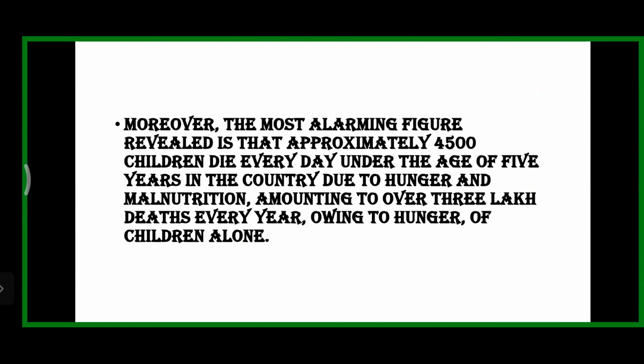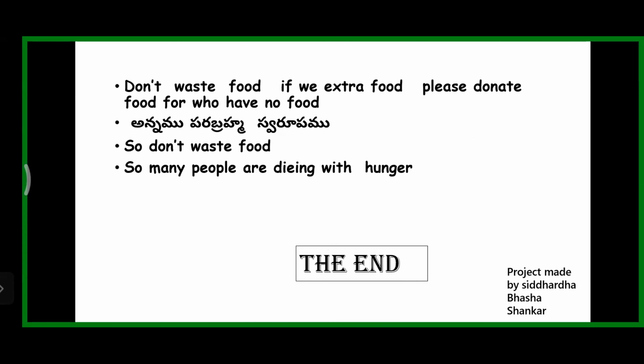Moreover, the alarming figure is that approximately 4,500 children under the age of 5 die every day in the country due to hunger and malnutrition. Among the 3 lakh deaths every year, hunger alone is the cause for children.